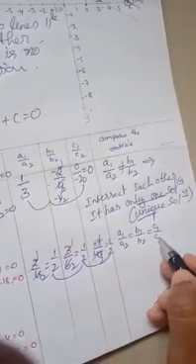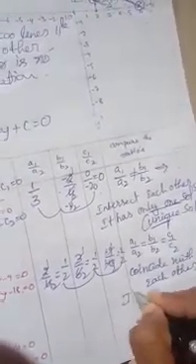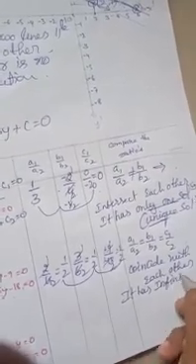When the three ratios are equal, then these two lines coincide with each other. It has infinitely many solutions.